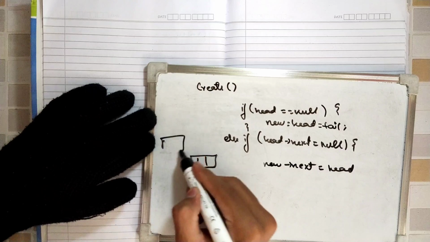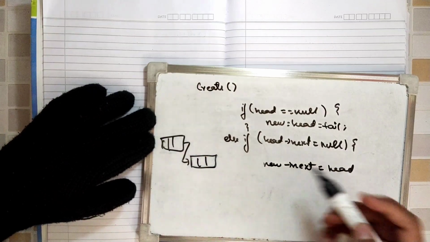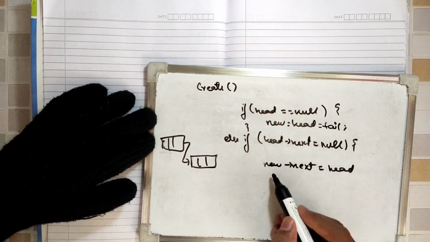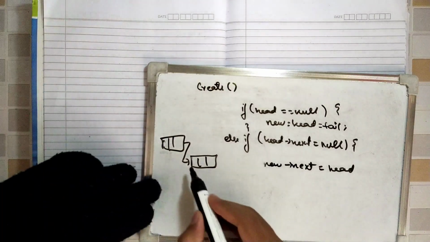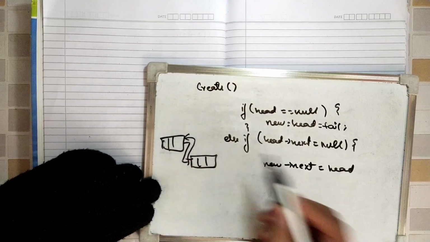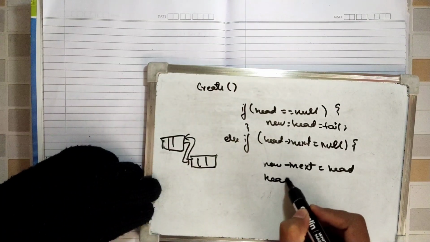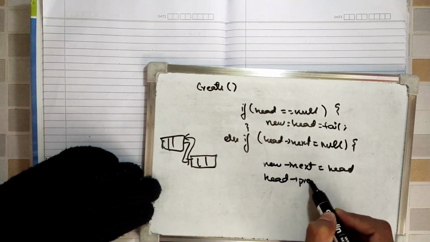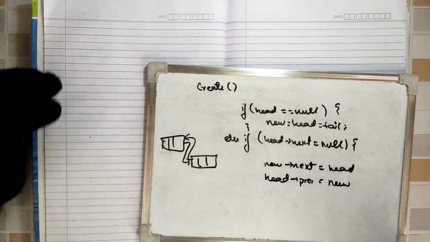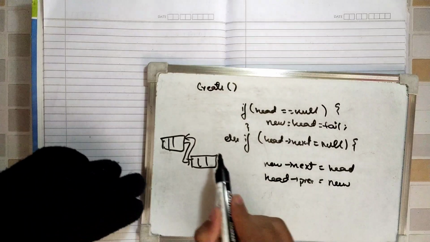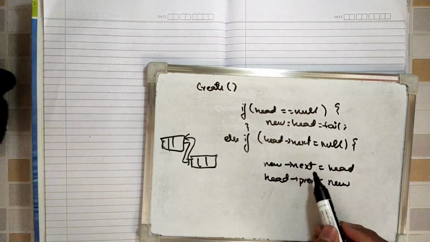One node was there, new of next equals to head. Already one node was present, and we have to provide this left transition, head of prev is equals to new. Okay, so this is for insertion, the else if part.